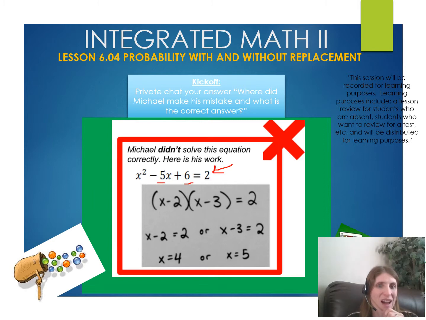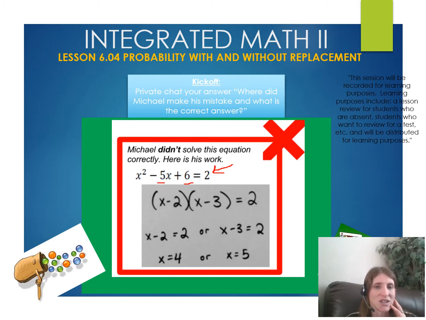Or do we have to get it equal to 0? I want you to think about that for a second, because all the problems that we've dealt with have either been perfect square trinomials where we could take the square root of that side, or they've been set equal to 0. So does it make sense for this to work? And if it does, where did we go wrong?